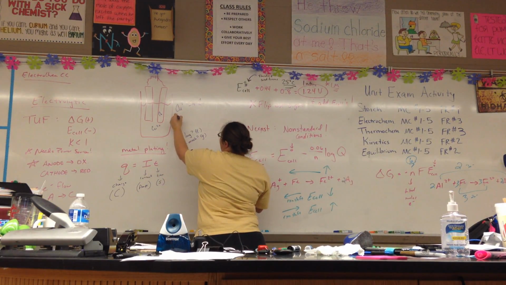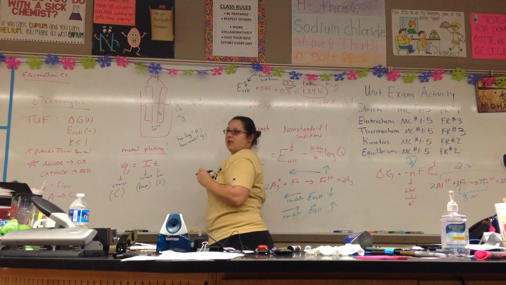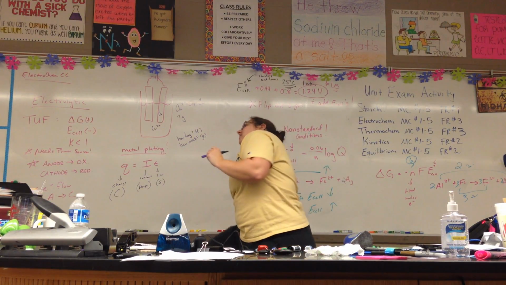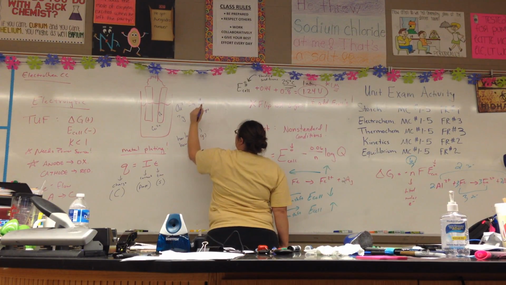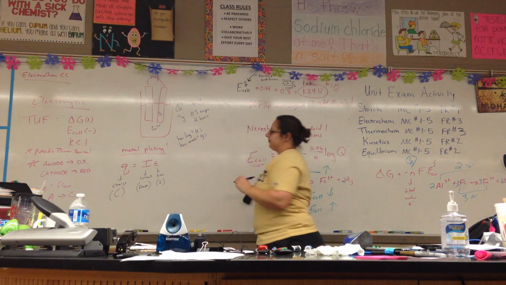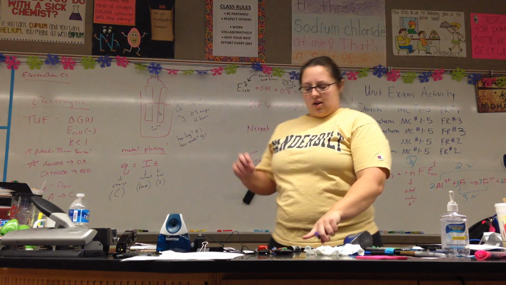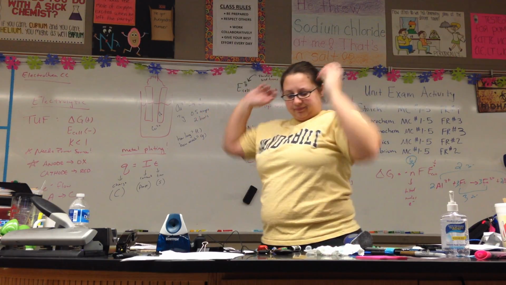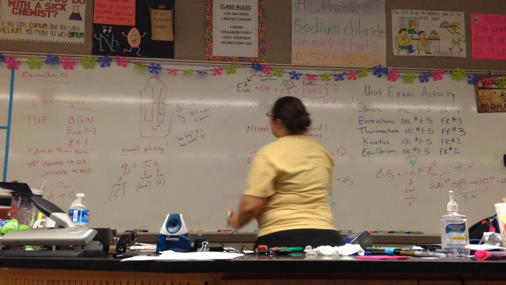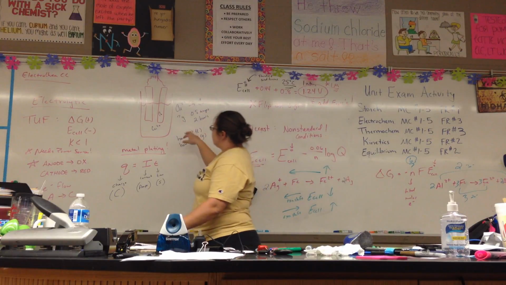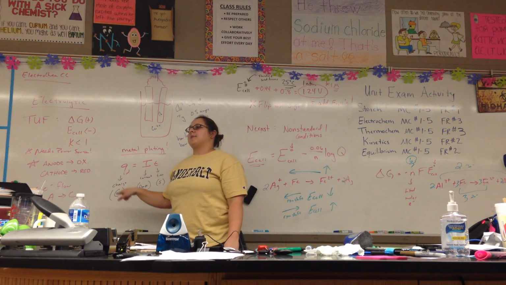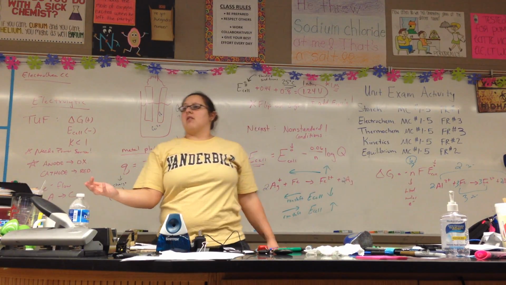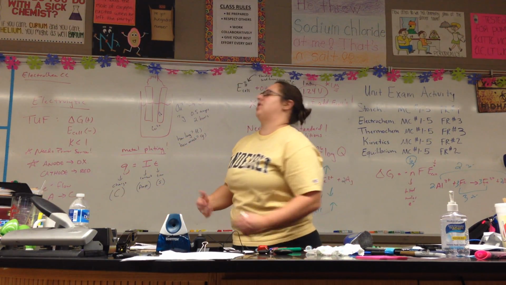And we want to know how many grams I can plate if I have a 0.5 amp current running for 2 hours. So we're looking for grams here. What I would do when you have these type of questions, your first approach is to solve for Q, solve for coulombs, and then you do stitches.